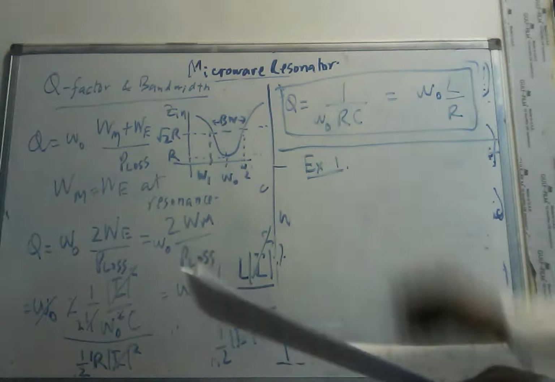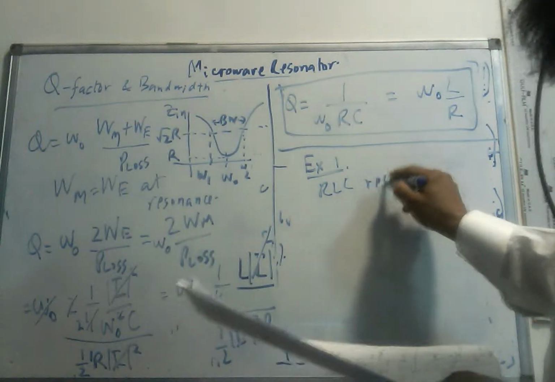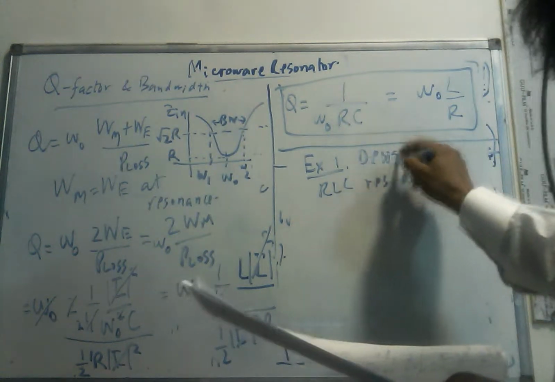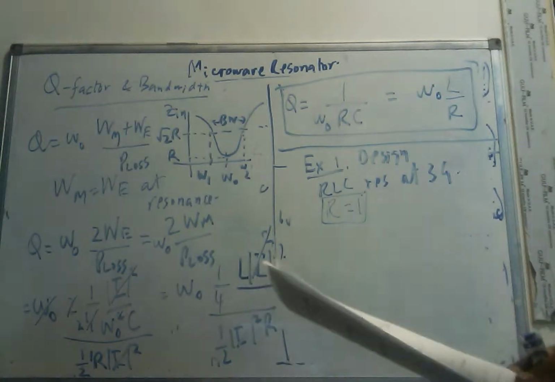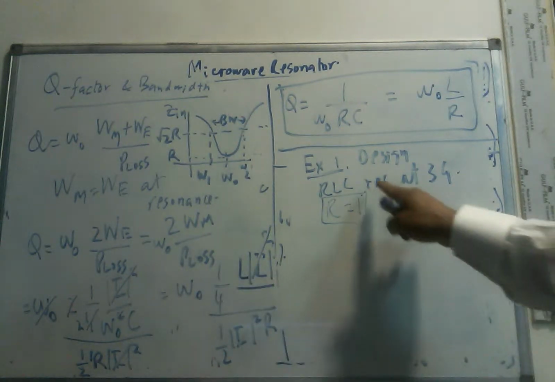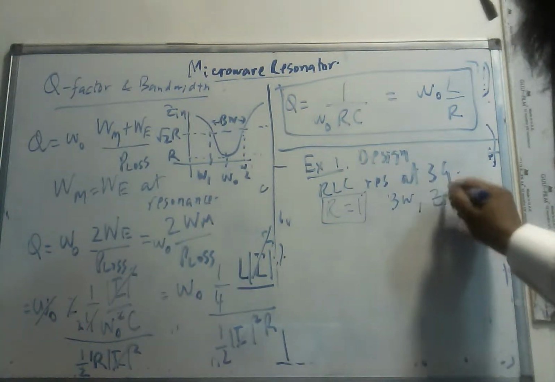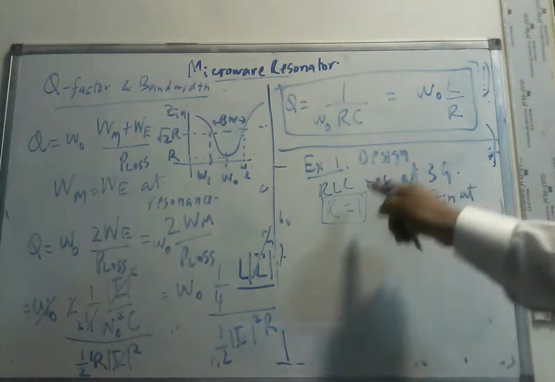In this example, I have to design an RLC resonator at 3 gigahertz. So this is a design of an RLC resonance at 3 gigahertz, the impedance at the resonance and the bandwidth. Now I need the bandwidth and Z in at omega naught. So what I do is first I design.